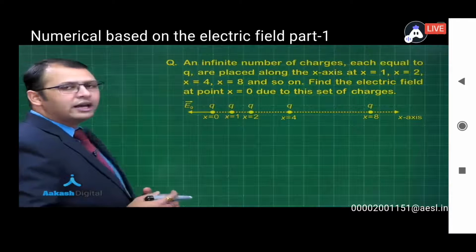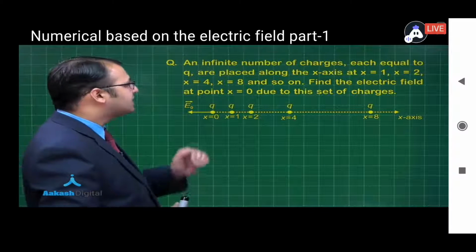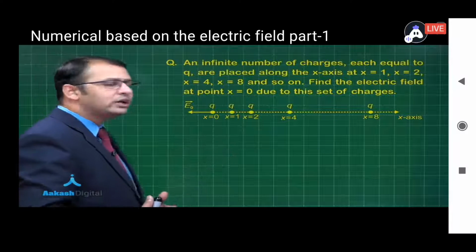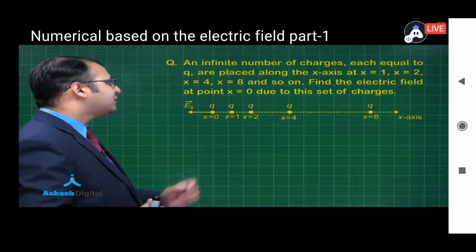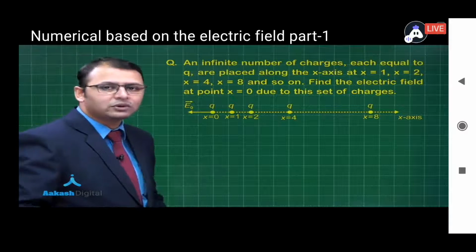Here, an infinite number of charges, each equal to q, are placed along the axis at x equals 1, x equals 2, x equals 4 and so on. We have to find the electric field at the charge q which is set at x equals 0, that means at origin.